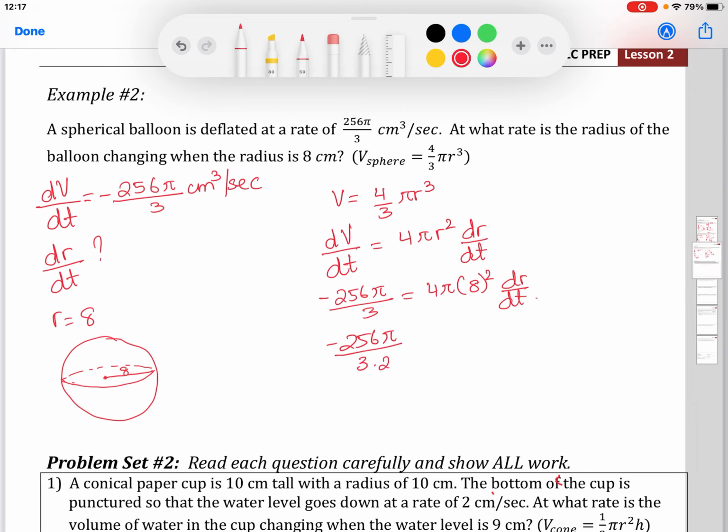This will be 256 pi equals dr/dt. These cancel out, so I'm left with dr/dt is what? Negative 1 over 3. So the radius is also decreasing, centimeters per second.